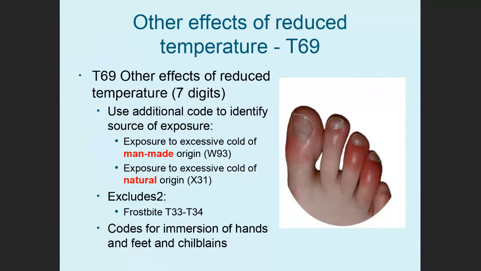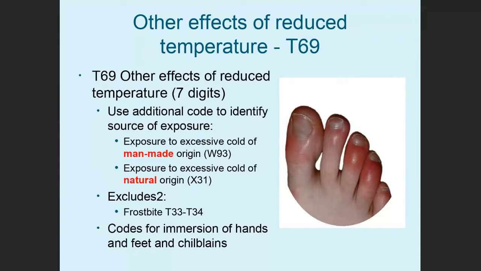Another possible code category to do with frostbite is T69, other effects of reduced temperature. Codes in this category include codes for immersion of the hands and feet, like in nearly freezing water, and for chilblains. Chilblains is a painful inflammation of the small blood vessels after repeated exposure to cold but not freezing air.